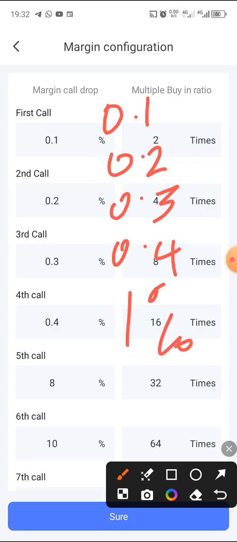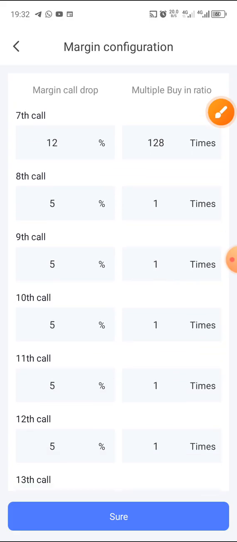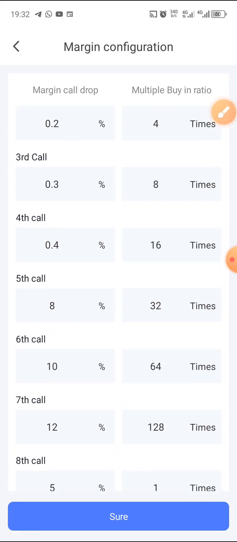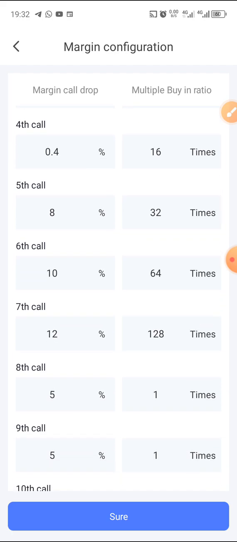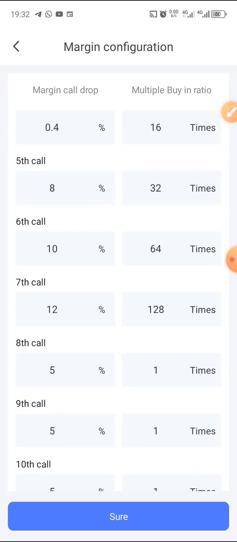So how do you set these remaining margin calls? This is where the game begins, or this is where the business is. Remember, it's a business, and every one of us has got his or her principles. How do you want to behave in the market?